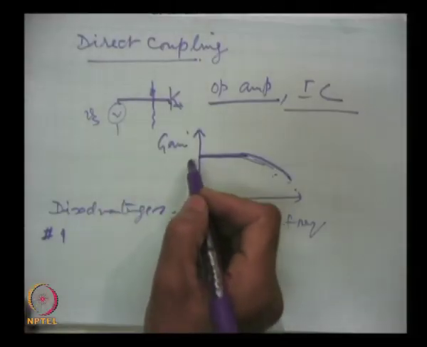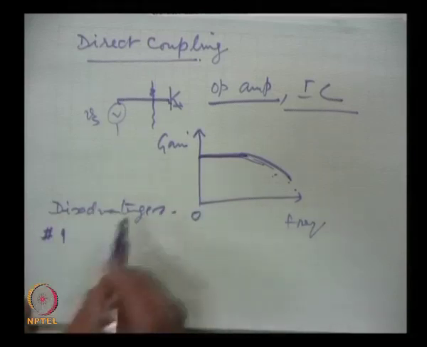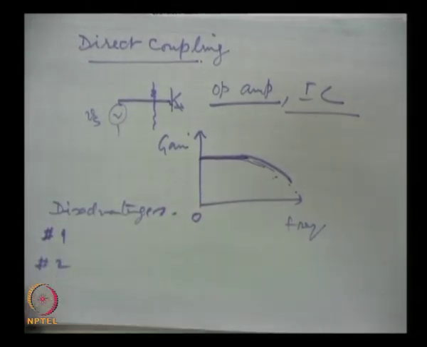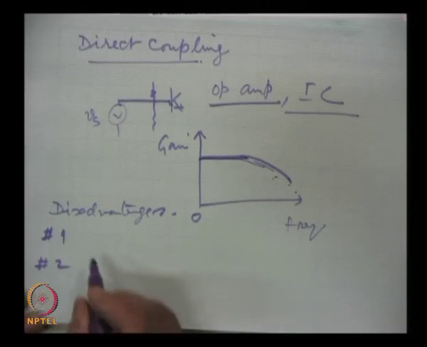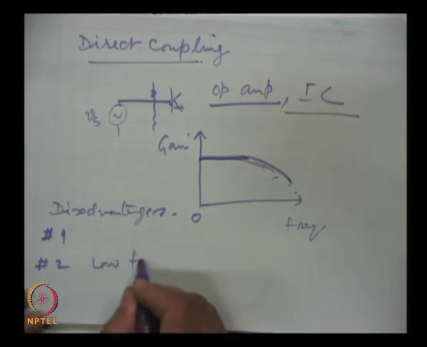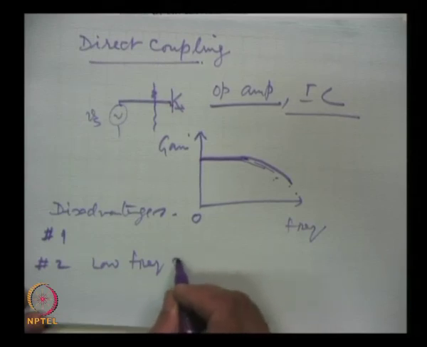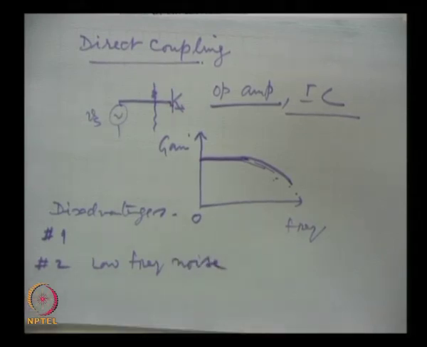But when we use direct coupling, we are connecting them for DC voltages also, and hence the design has to be done more carefully. We will take a design example to illustrate what I have just said. More serious than this is that low frequency noise also gets amplified.